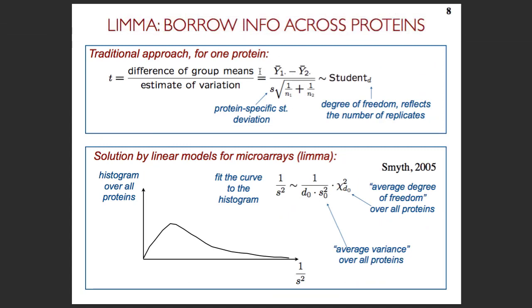So MSstats primarily focuses on making sure that our estimates of protein abundance between the groups, estimates of differences between the groups, and individual estimates of variation associated with the signal are appropriate given the experimental design and given the interferences and missing values. And we do it separately for each protein. From the design that we have and from the data that we have, we essentially give this single value.